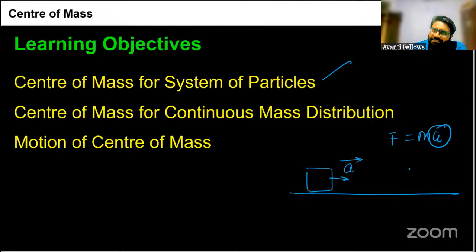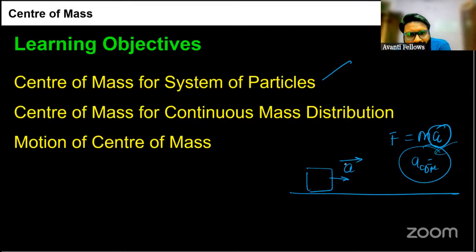Then this acceleration that we are writing, we are writing it for the center of mass. This acceleration is nothing but the acceleration of the center of mass. Clear? Because in these types of problems, we assume the mass of this block at a single point, and that point is the center of mass.